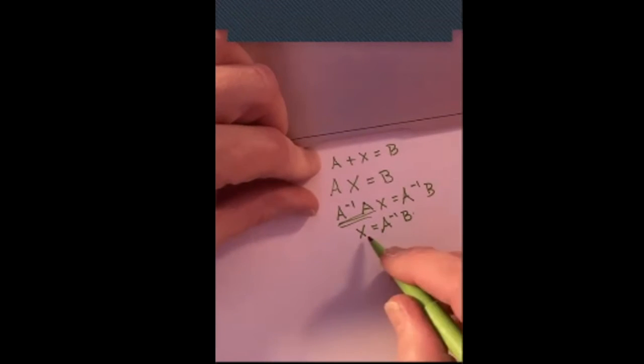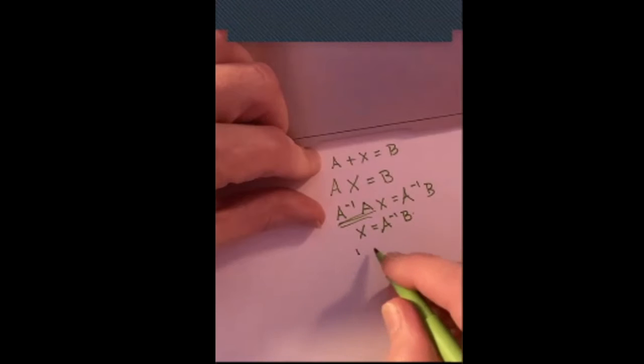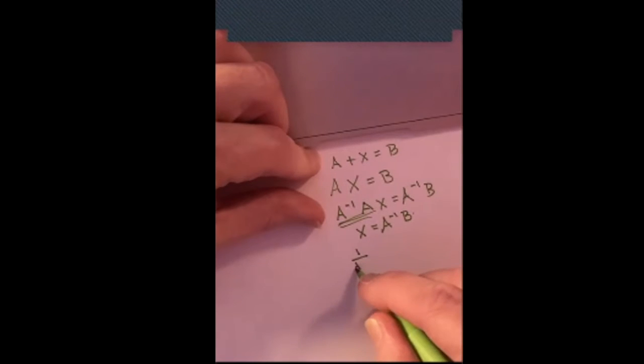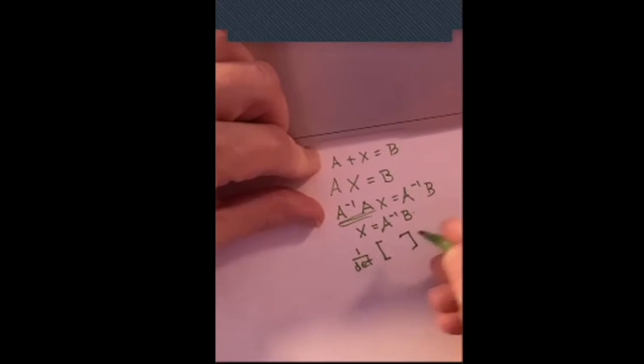Now, one of the things we know, if you'll recall about finding the inverse of a matrix, is it's 1 over the determinant times the adjoint. And the adjoint is where you switch those and change the signs of those.